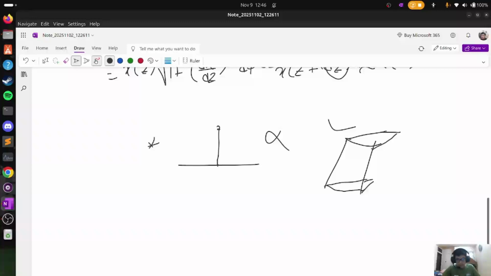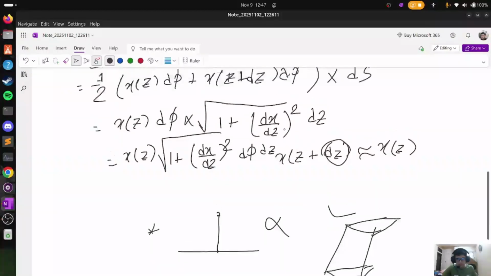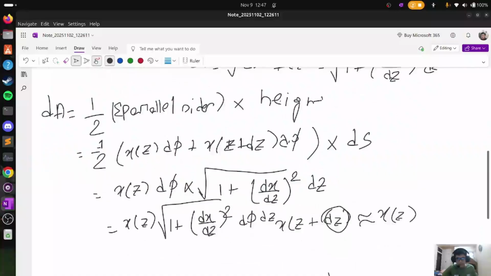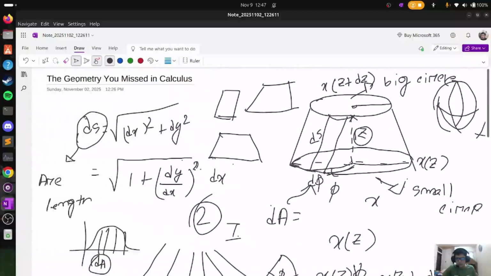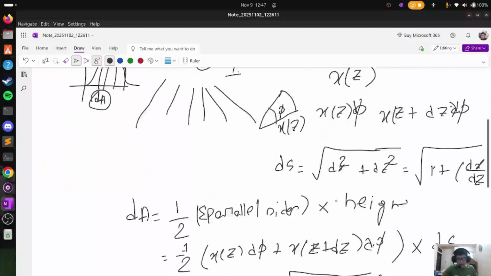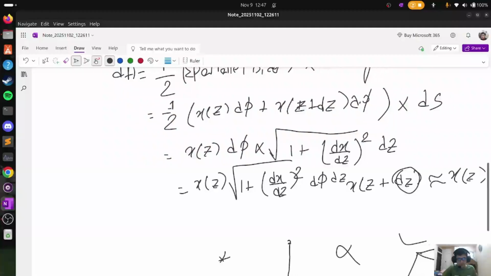Here the slant line was our height between the surfaces. And yeah, so we got the area of the trapezoid. So this is the geometry we all miss in calculus. This is very important, and these perspectives, like taking this angle by yourself, and this approximation also at a small strip length here.